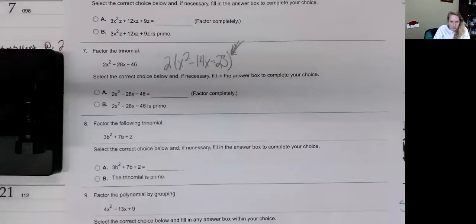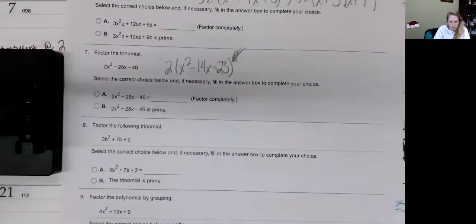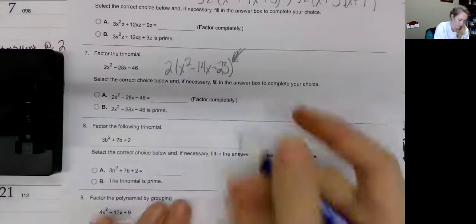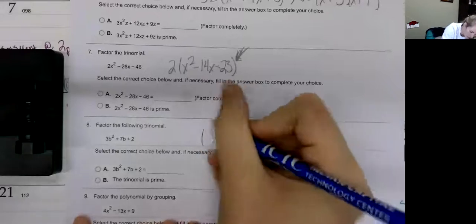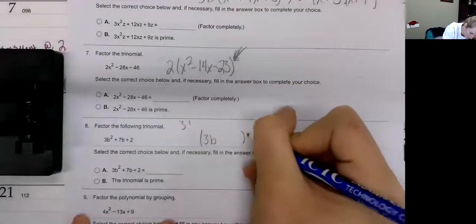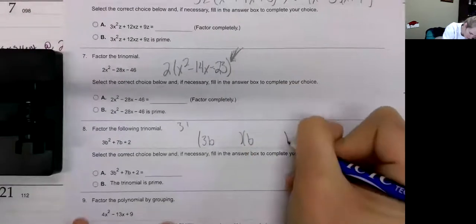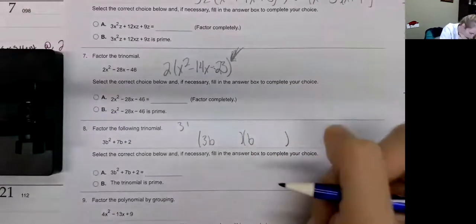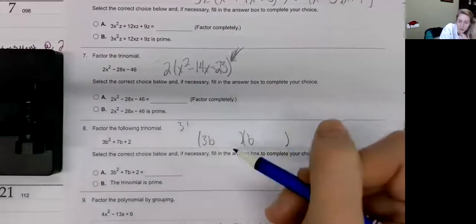Factor the following trinomial, 3b squared plus 7b plus 2. I can't factor 3 out of 2, but does this factor? So my factors of 3 are 3 and 1. So I'd have a 3b here and a b here. Now then I have to think of my 2.